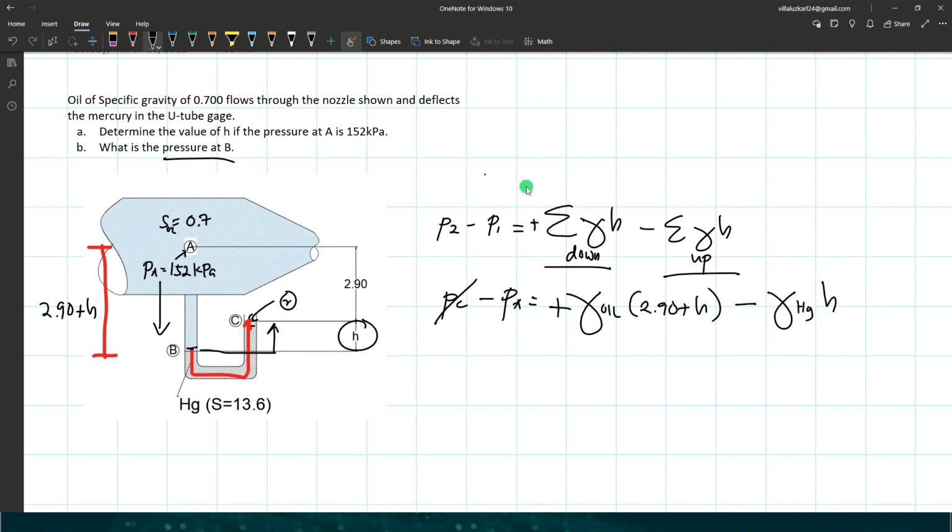We can now solve for H. Just substitute the given for pressure at point A, which is 152 kilopascal, equal to the unit weight of oil.